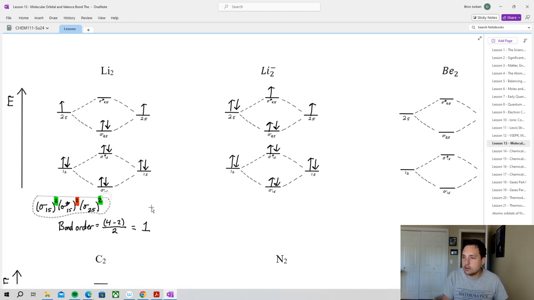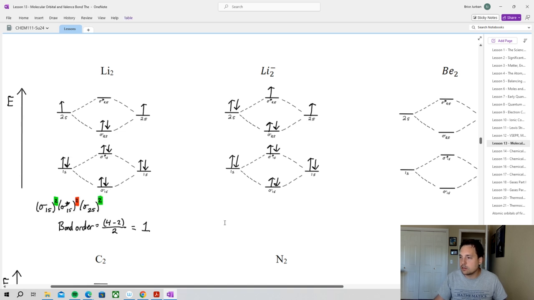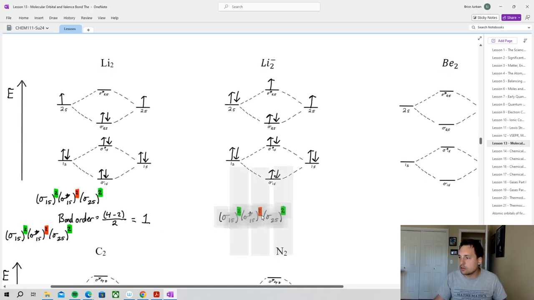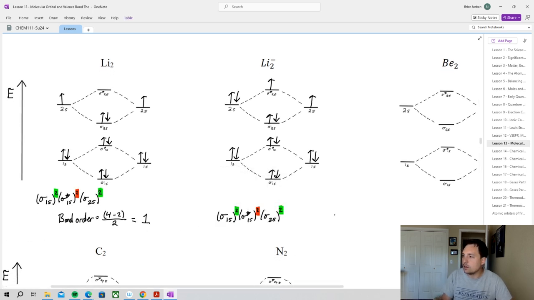Let me see if I can copy this. All right, now we're going to just add 1 extra electron here in the sigma star 2s, and that'll go to the first power.